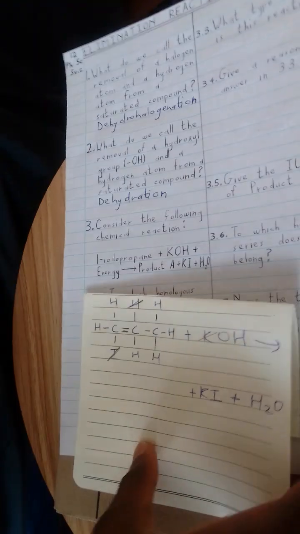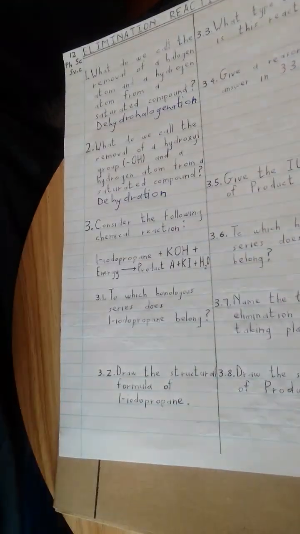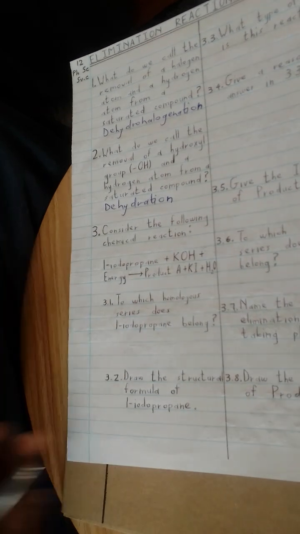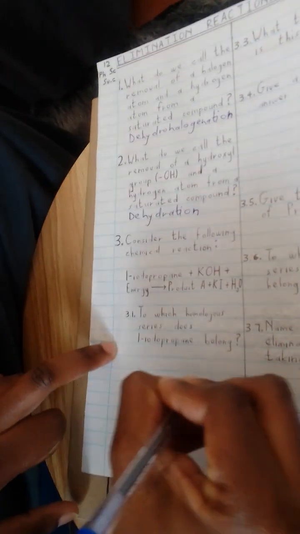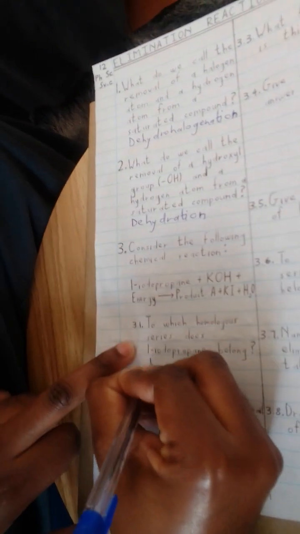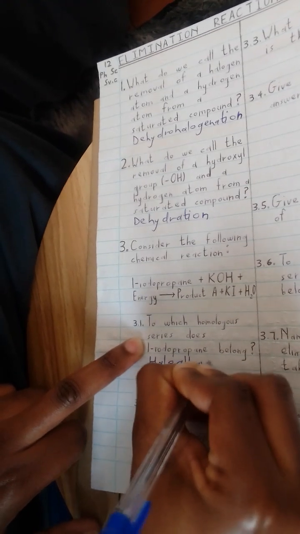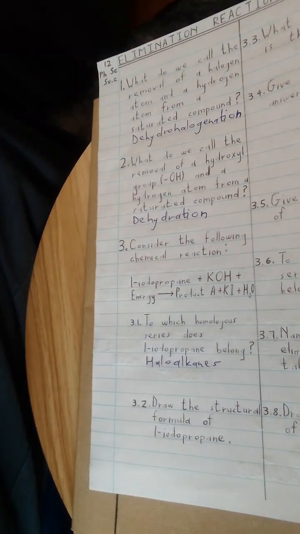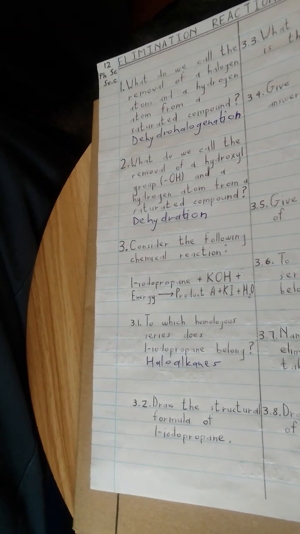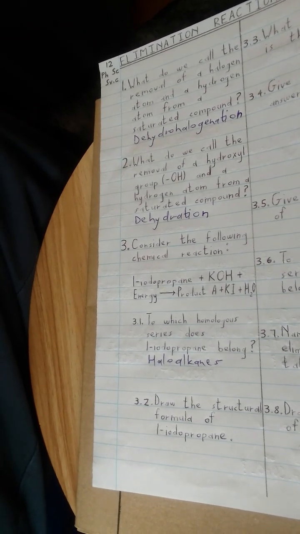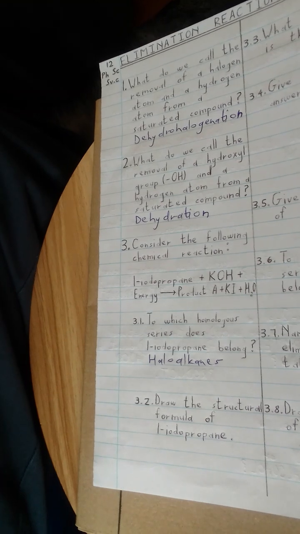Okay, we'll name it. So 3.1 states, to which homologous series does 1-iodopropane belong? We know that 1-iodopropane belongs to the haloalkanes or the alkyl halides. And then 3.2 states, draw the structural formula of 1-iodopropane.